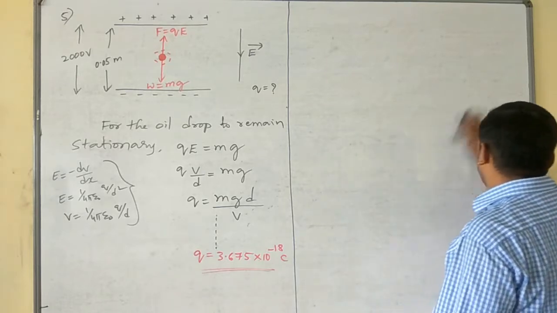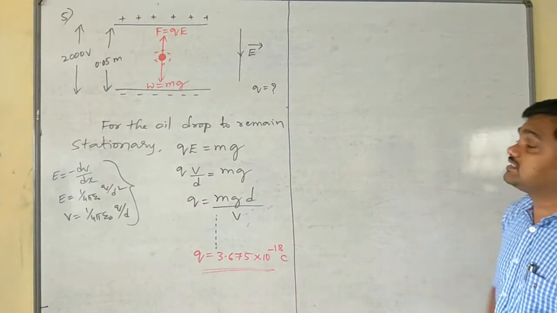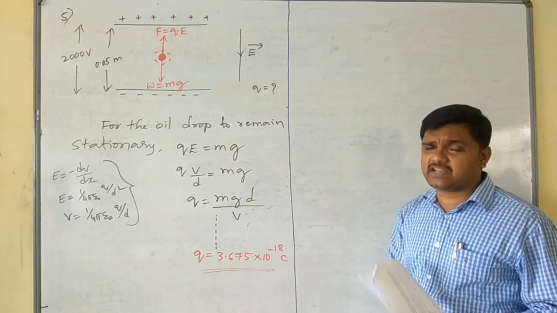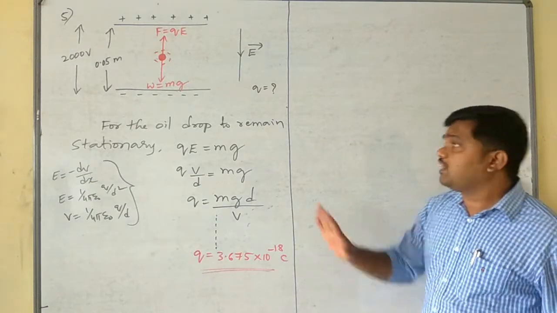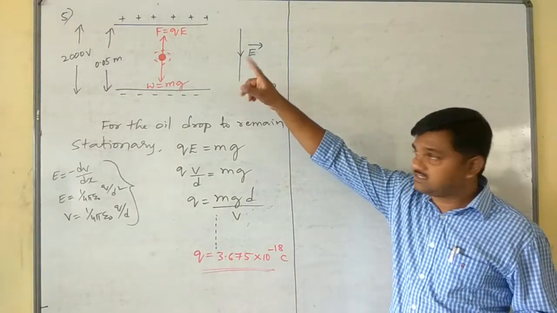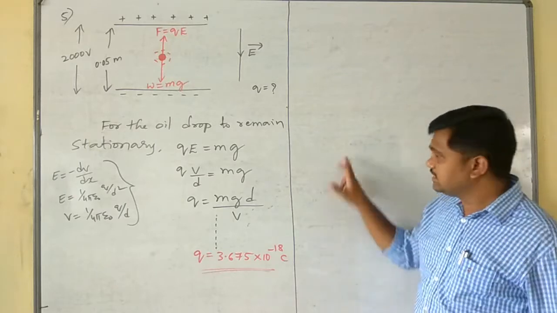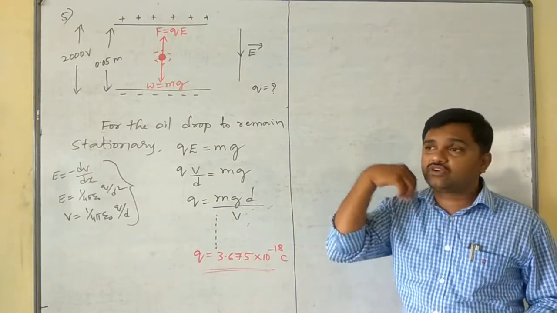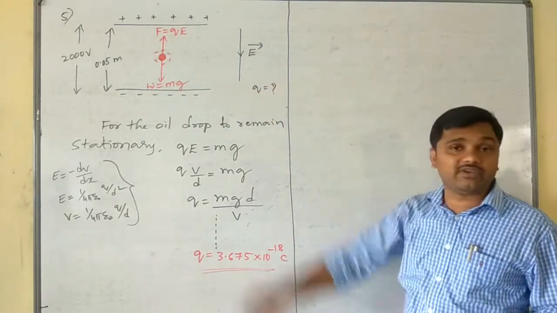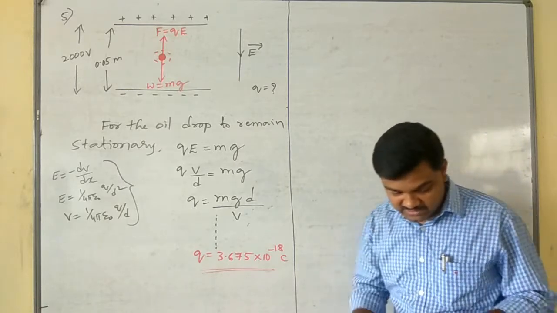If we come to the concept of capacitor, then in this chapter we mainly discuss only the parallel plate capacitor, isn't it? Okay, a parallel plate capacitor consists of two plates separated by a small distance, just like this. Okay, so there it is the ratio C is equal to Q by V, the amount of charge given to the capacitor plates to the potential difference between the two plates of the capacitor. Like that we can define the word capacitance.